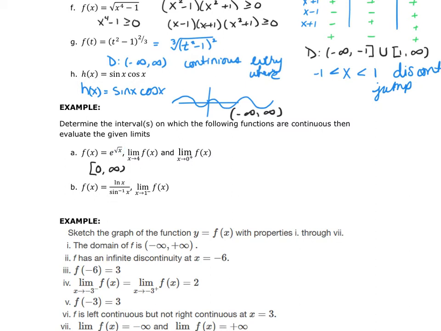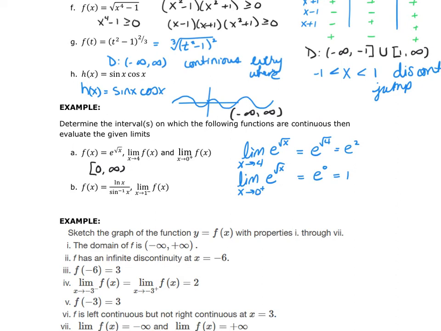Since we are continuous from the right, I can find the limit as x approaches 4 of f of x. The limit as x approaches 4 of e raised to the square root of x, I can do by direct substitution. This is e raised to the square root of 4, which is just e squared. Similarly, the limit as x approaches 0 from the right of e to the square root of x is, once again by direct substitution, e to the 0, in other words, 1.